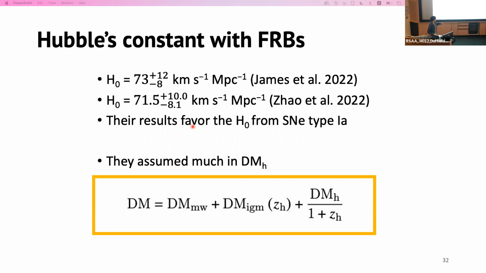I also need to mention that those results make many assumptions about DM_host because they don't know what is going on in DM_host, so they put a lot of models in DM_host. In this project, I'm trying to use a better method to constrain DM_host, so we get a more accurate DM_IGM and a more accurate Hubble's constant.